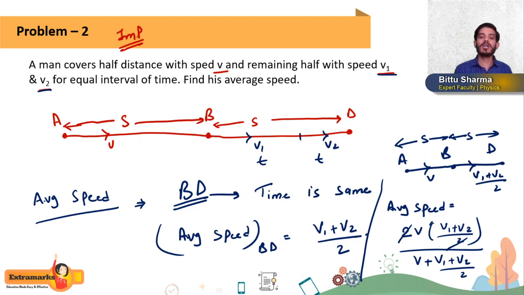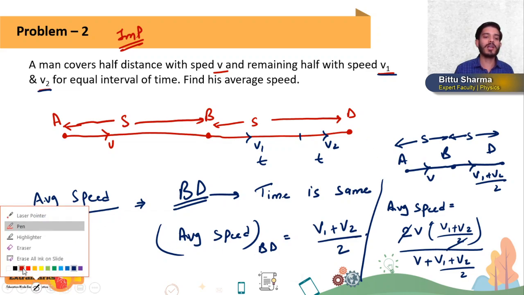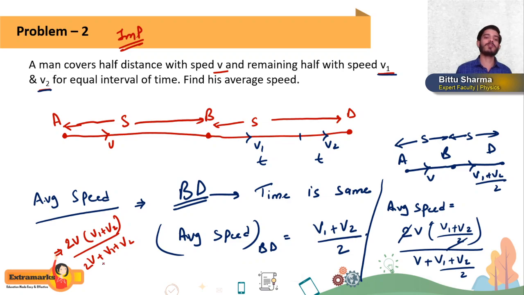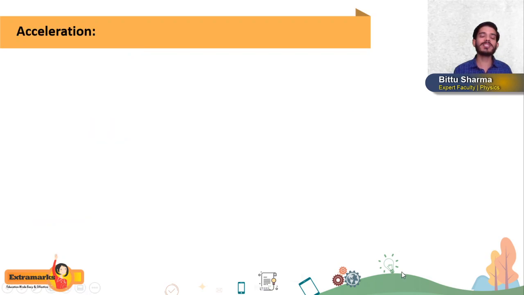So after calculation, the final answer will be 2V into (V1 plus V2) divided by 2V plus V1 plus V2. This will be the correct answer for this question. I hope you are getting this, students.